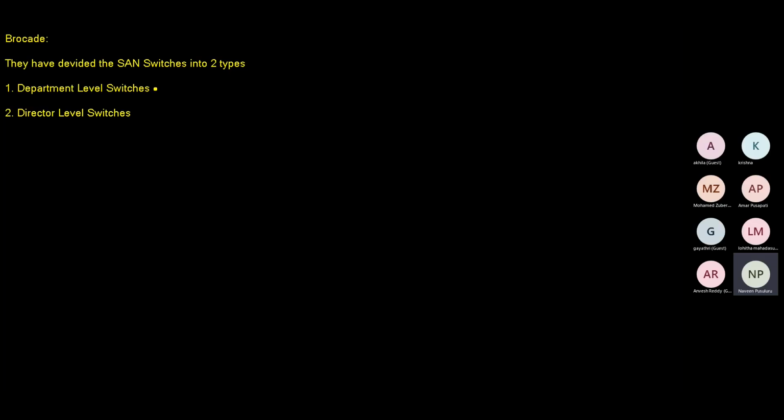So here the department level switches are very small switches, which will contain fewer ports and will give you less performance when you compare them with the director level switches. And when it comes to director level switches, they will contain more ports, and they'll give you very good performance.